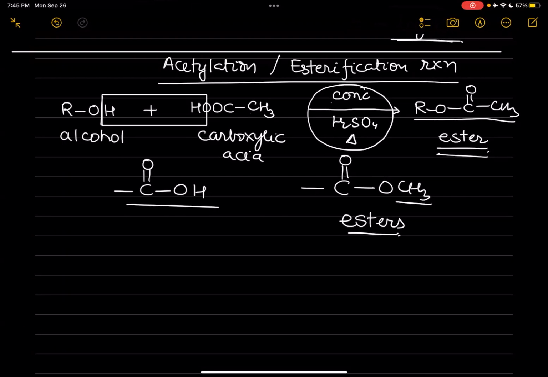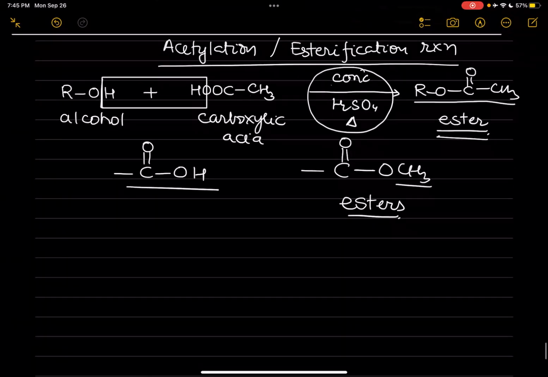Yeah, Anushka? Sweet smell. Sir, esters have got a sweet smell. Yeah, they have a fruity smell. In fact, most of the fruit smells are due to esters. So this is also a laboratory test, because once you have alcohol, you put some carboxylic acid, heat it with concentrated H2SO4, you will have ester.